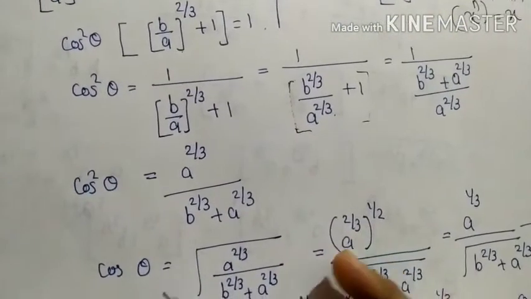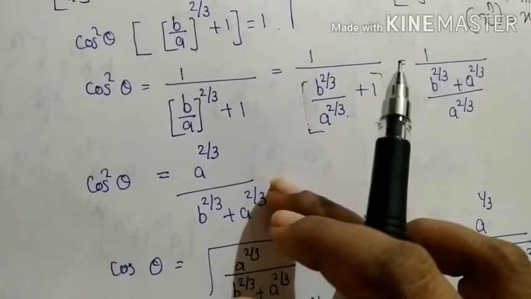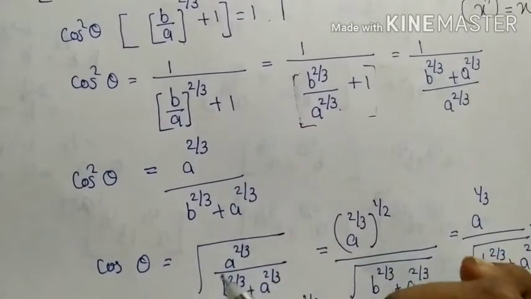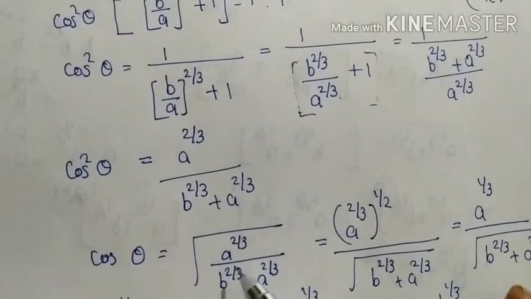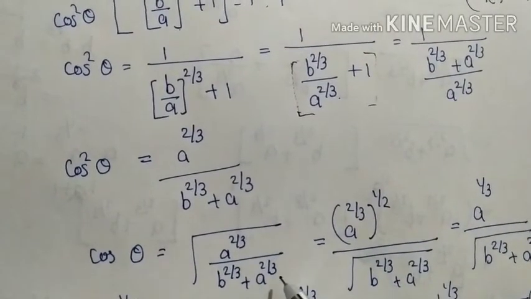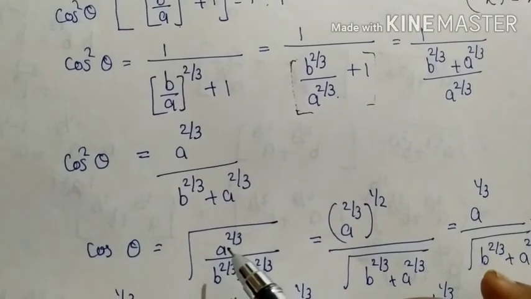Okay, and from this, taking square root on both sides, cos theta equal to root of this term, a raised to 2 by 3 by (b raised to 2 by 3 plus a raised to 2 by 3). And we know that here root means whole raised to 1 by 2, right?